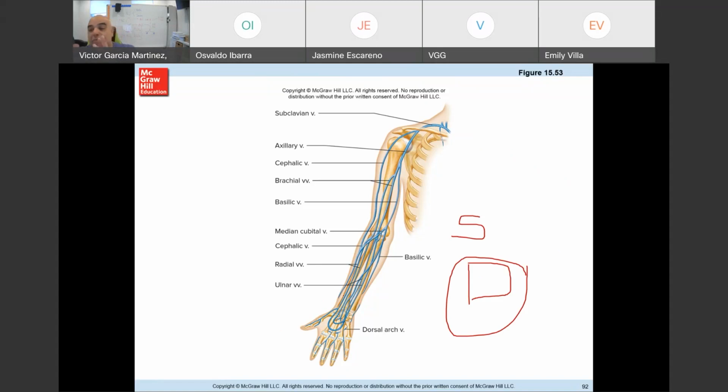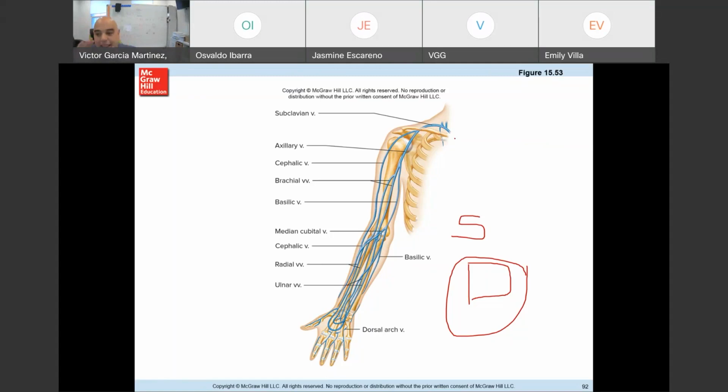It's going to be the same for the deep system: you're going to have a radial vein and an ulnar vein, both draining in the brachial vein, and the brachial vein is going to be draining in the axillary vein, and the axillary vein is going to be draining in your subclavian vein.